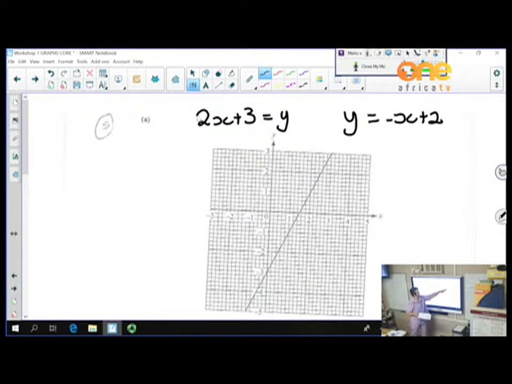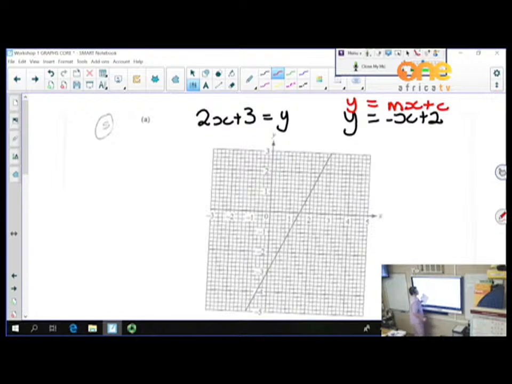Now, this one is in standard form. What is standard form? y is equal to mx plus c. That's your standard form. So we need to change this one, otherwise we can't compare the two graphs, because we have to look now which one is which. Actually both of them are in standard form.